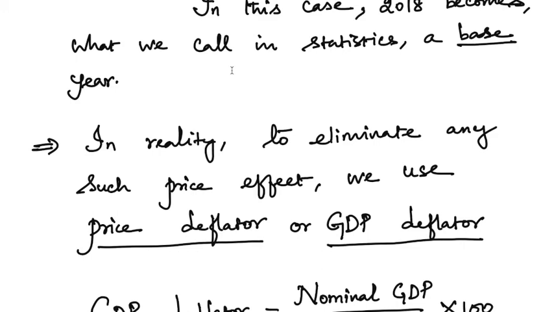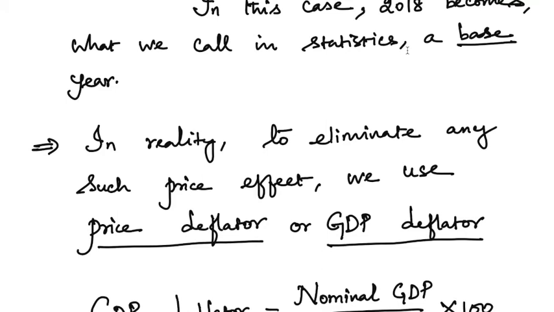You have this coronavirus lockdown and all that, and the prices are abnormal. So maybe you have to use some other year as the base year and use the prices in that year to calculate real GDP in the subsequent years.